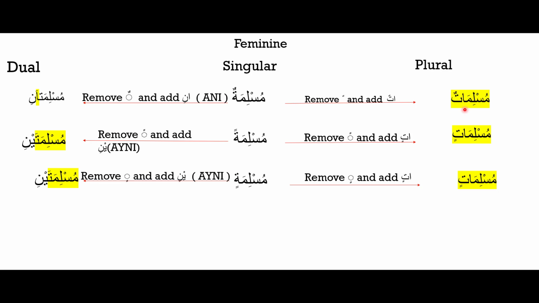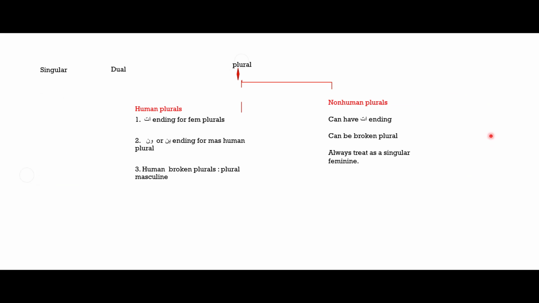Non-human plurals can also take the atun ending. So there are two possibilities for non-human plurals. They can make plurals by taking the atun ending, and they can also take broken plurals.